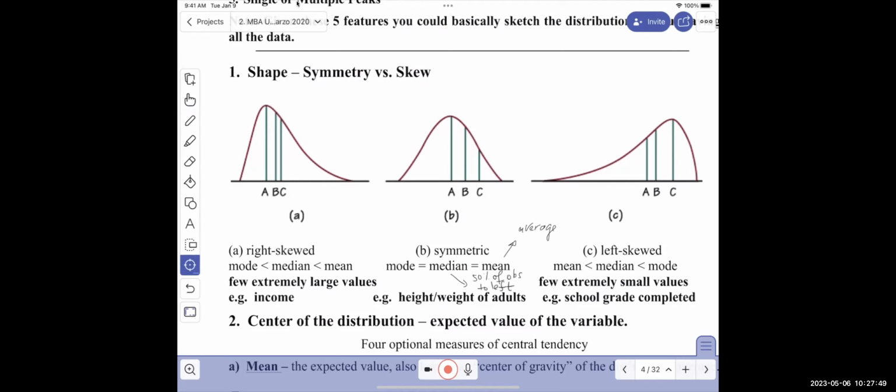So 50% of the observations are to the left of it, and 50% of the observations are to the right. And how do I know 50%? Because the frequency makes the height of this curve, right? How many there are. So there's just as many on the left as there are on the right. So that's 50-50. Because under the curve is how much?